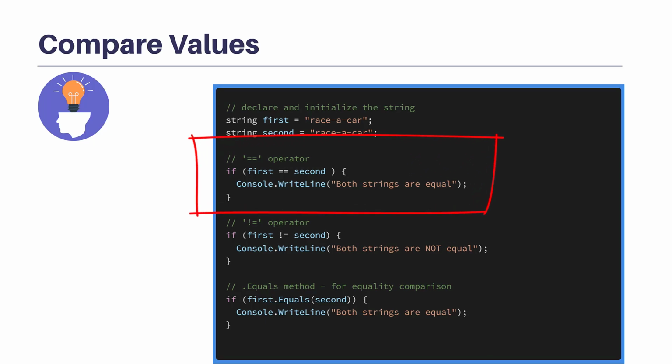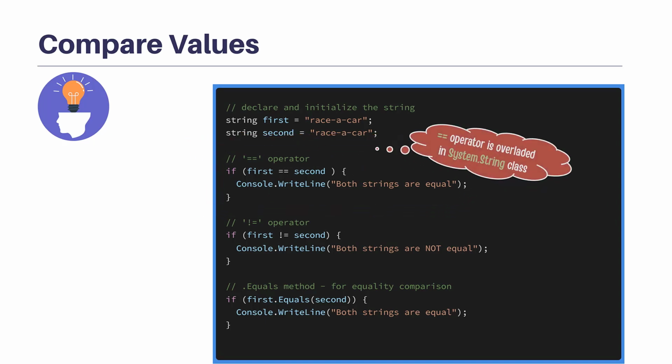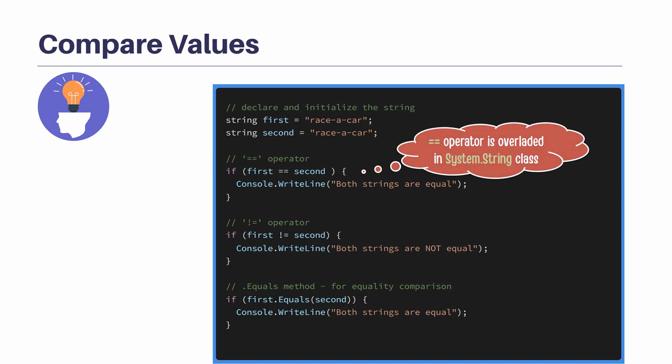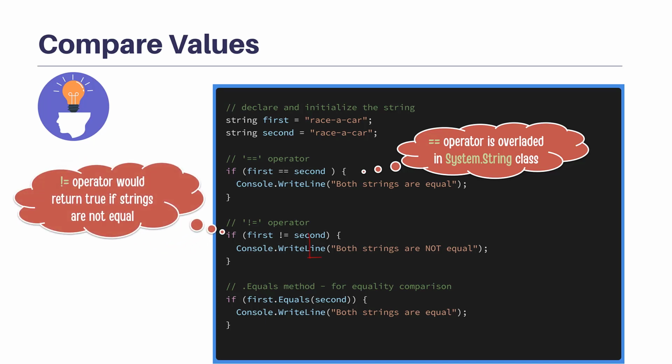For reference types, the double equal to sign compares references rather than comparing the actual values. This double equal to sign is overloaded in the string class to check for values rather than references. And that's why this operator can be used to check if the values pointed to by two string variables are equal or not. For the same reasons, we can use an exclamation mark followed by an equal to sign, the inequality operator, for asserting that two values are not equal.